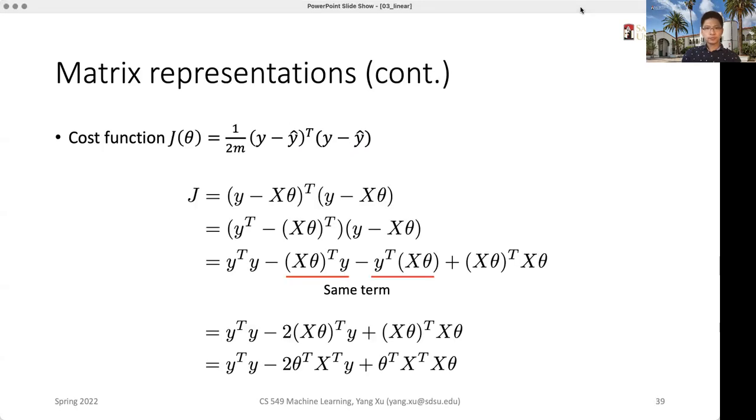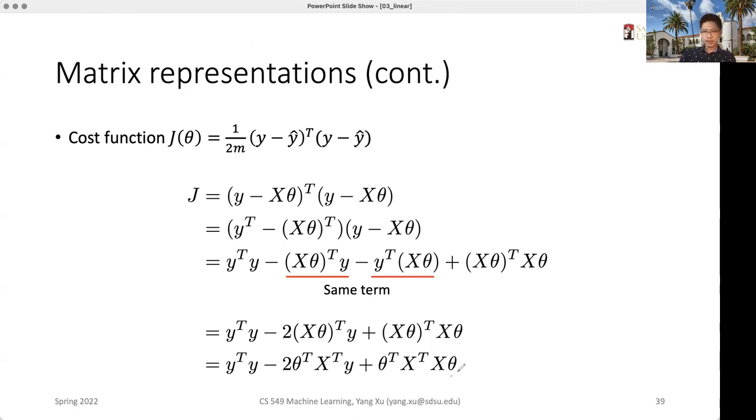And then what next? We can do the same thing as the normal equation solution for simple linear regression. Remember, we want to compute the derivatives of the cost function with respect to both theta 0 and theta 1. The difference here is that we have more than two thetas.